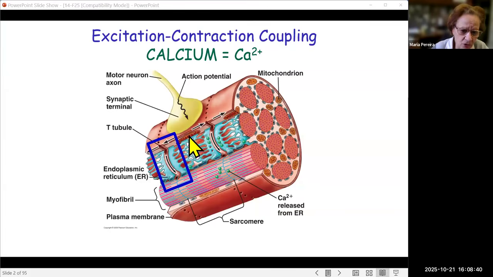So now the acetylcholine at the motor end plate opens sodium channels, and sodium goes into the muscle fiber and causes a change in the potential of the muscle fiber, going from minus 90 to plus 30.